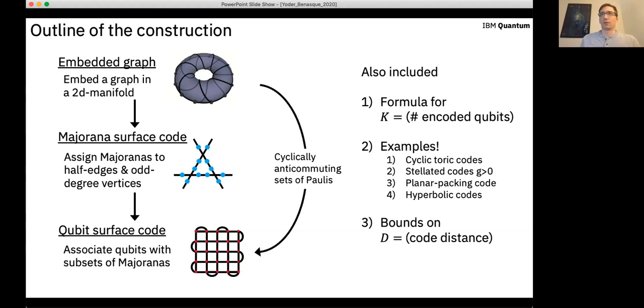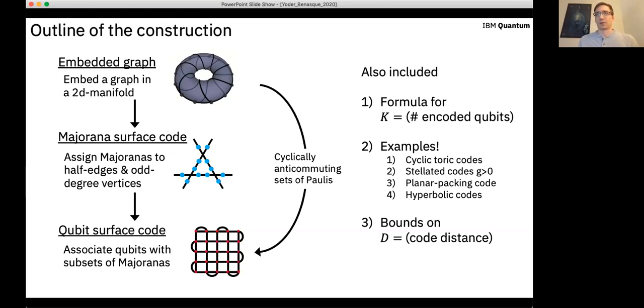And then from that graph, we're going to define a Majorana surface code by assigning 2 Majoranas to every edge, and then also some at the odd degree vertices. And then you can take the Majorana code and associate qubits with some subsets of the Majoranas, and in this way get a qubit surface code from the Majorana surface code.